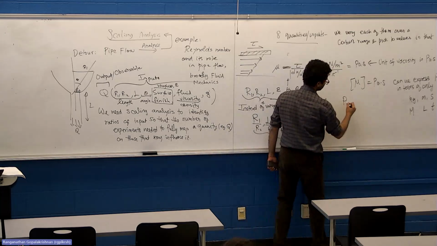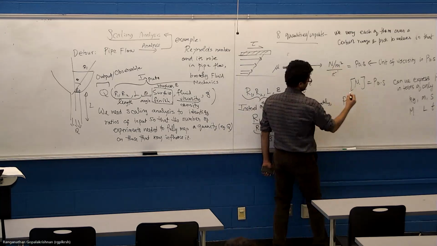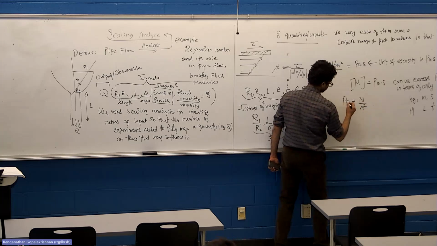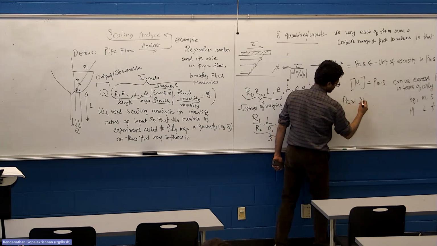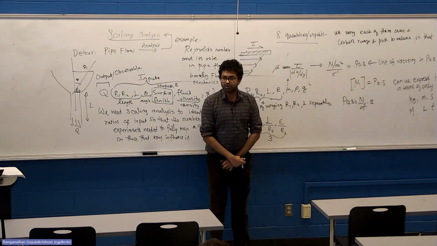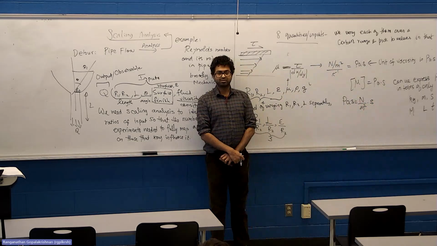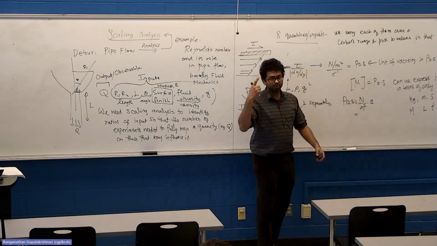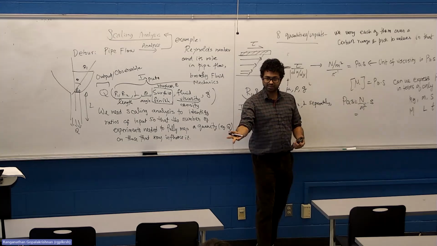So what is Pascal? Newton per meter squared. Okay, and then we have seconds. So Pascal second is Newton per meter squared times second. And what is 1 Newton? What are the dimensions of 1 Newton? Kilogram meter per second squared. And in your mind, you would have done mass times acceleration, right?